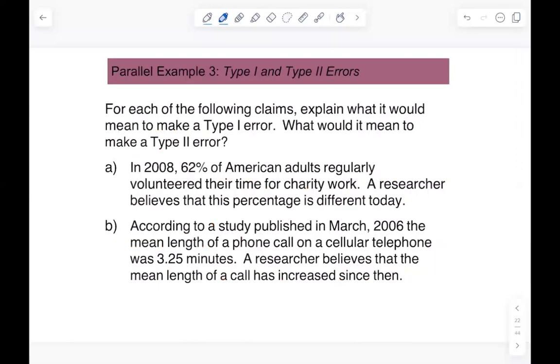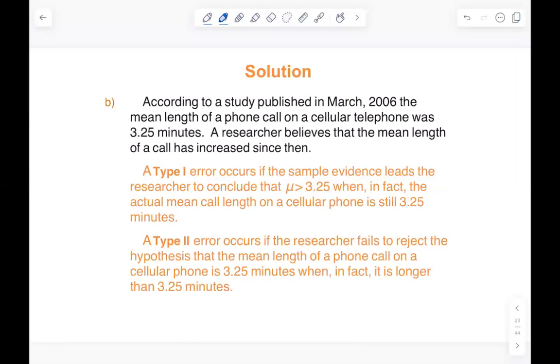In March 2006, the average length of the phone call was 3.25 minutes. We believe it has increased since then. Type 1 error: from our sample evidence, the researcher concluded that the average length was greater than 3.25 minutes, but in fact, the average length of a phone call is still 3.25 minutes.